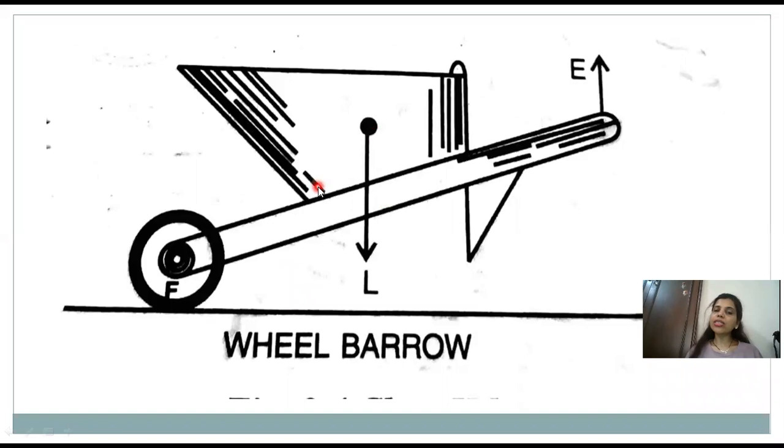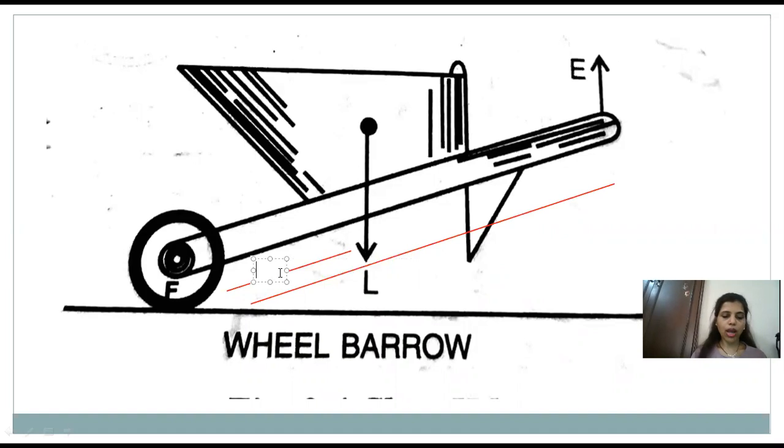So in the next slide, you can see wheelbarrow where the load is at the center, effort and fulcrum are on either side. So here also when you're measuring the length, fulcrum to the load is the load arm, fulcrum to the effort is the effort arm. So here you can see this is the load arm and this is the effort arm.